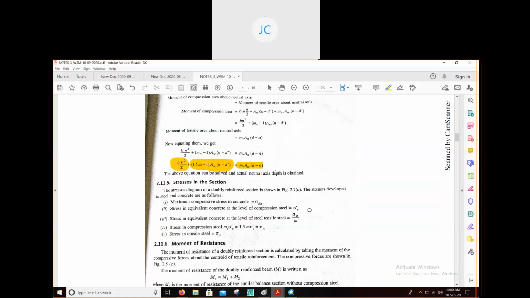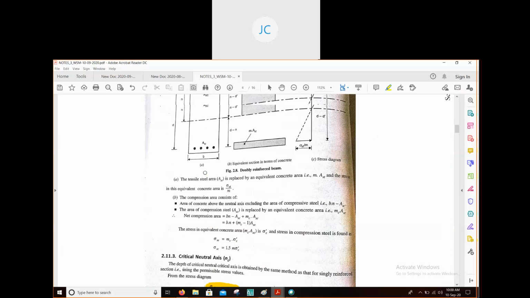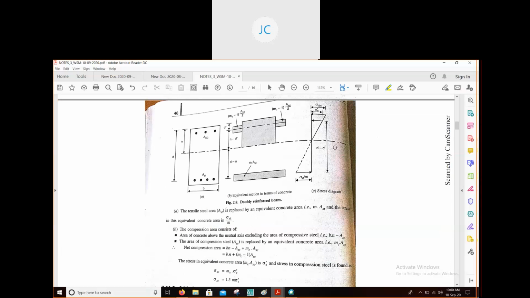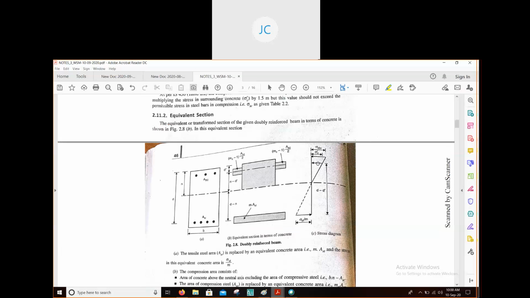Now here you can see the stresses of a doubly reinforced beam as shown in figure 2.7c. At the topmost layer, we know that the value will be sigma CBC, which we have already discussed in the singly reinforced beam. But now, since steel is present at d dash depth, there will be a stress here.